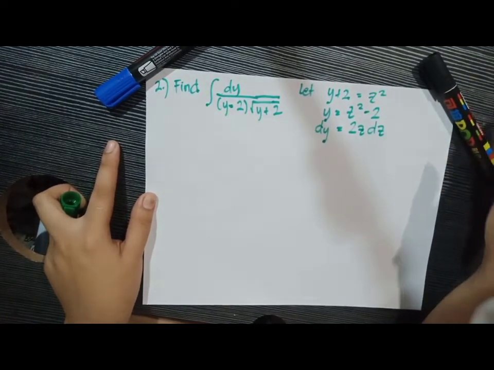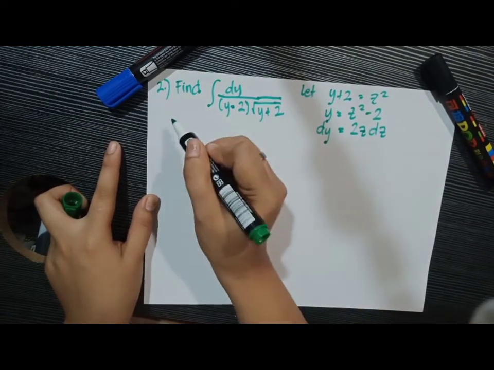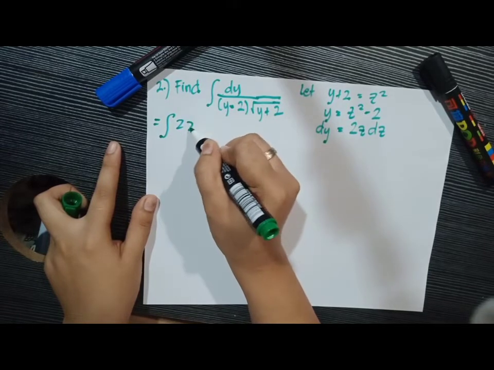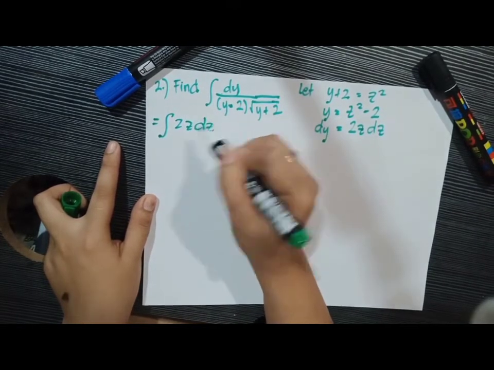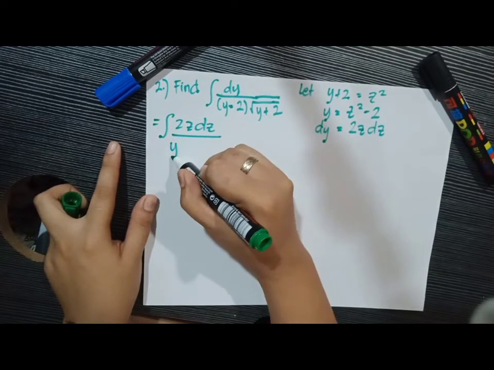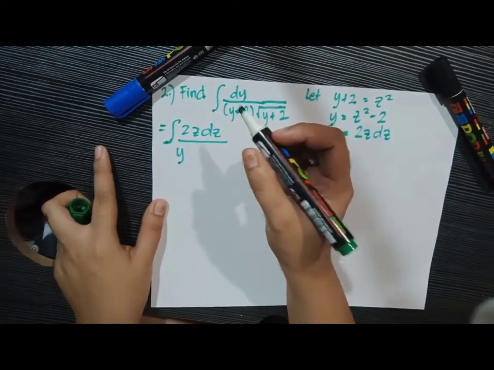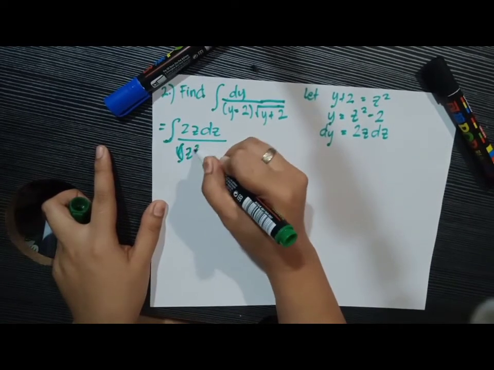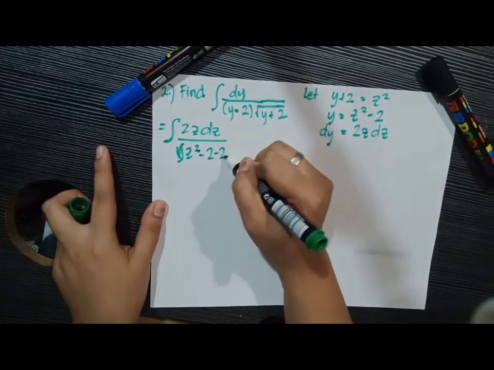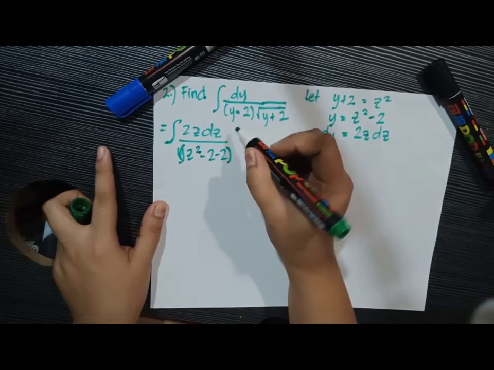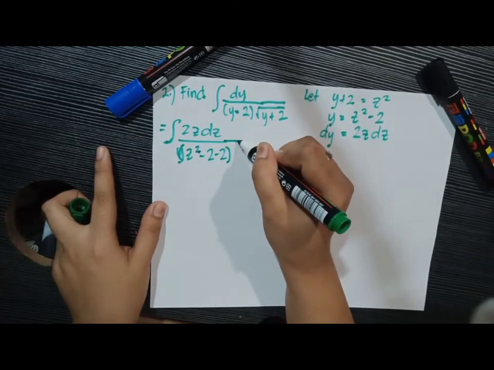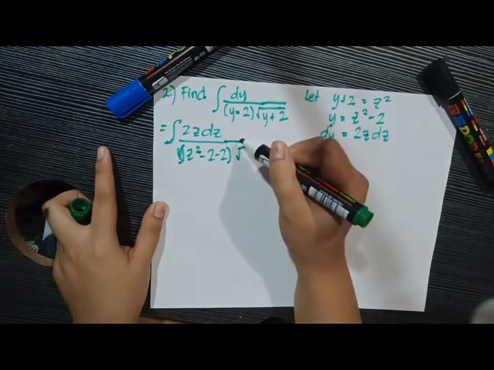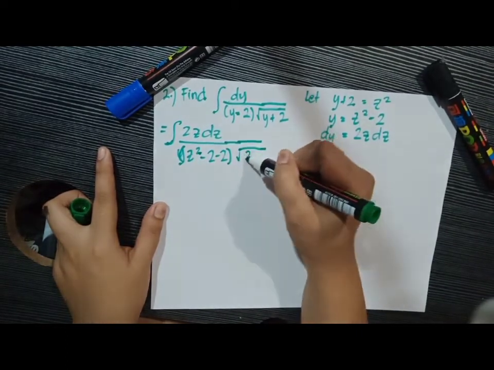Therefore, substitute the integral 2z dz over y minus 2, where y is z squared minus 2, minus 2. So the square root of y plus 2 is the square root of z squared.